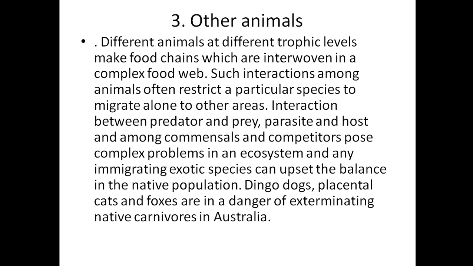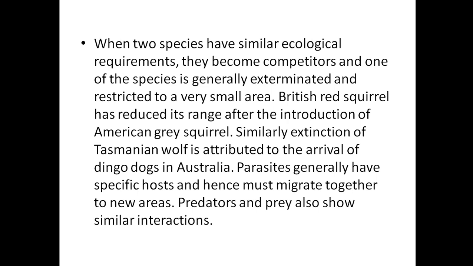If this is there, that is there. For example, if there is an apple tree, earthworms will affect them, because they are highly specific. Then sometimes two species which have similar ecological requirements become competitors, and one species survives and the other one is thrown out.